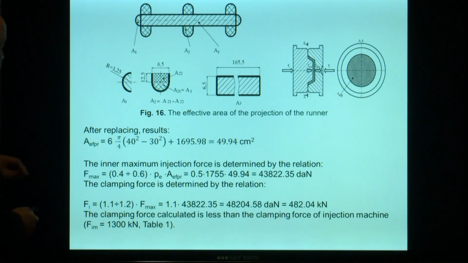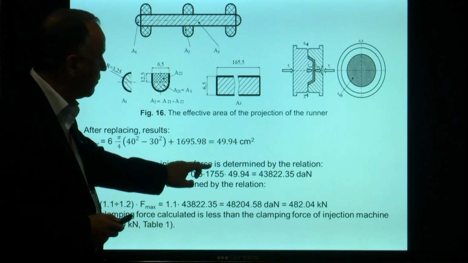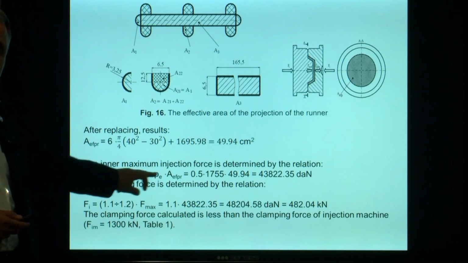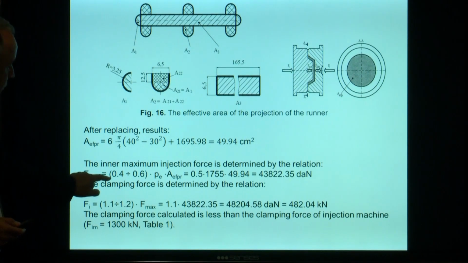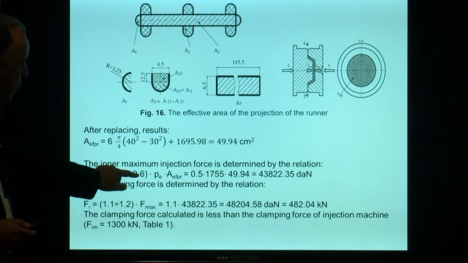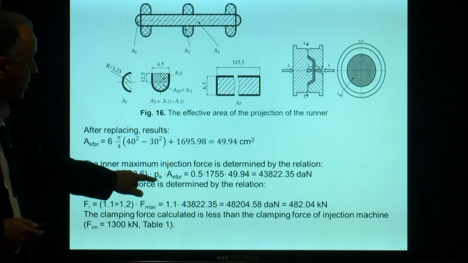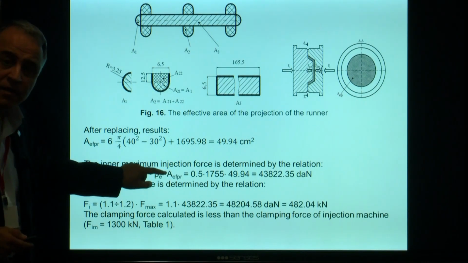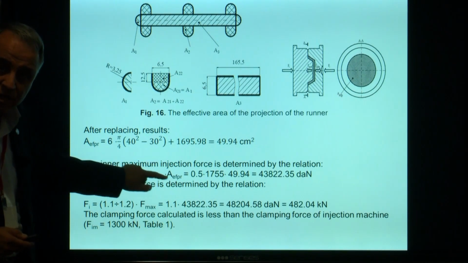Afterwards, the maximum inner injection force is determined by the relation. We can choose the coefficient between 0.4 and 0.6, multiply by the external pressure, and multiply by the final area for which we already made the calculus.